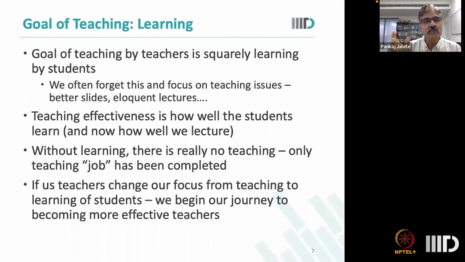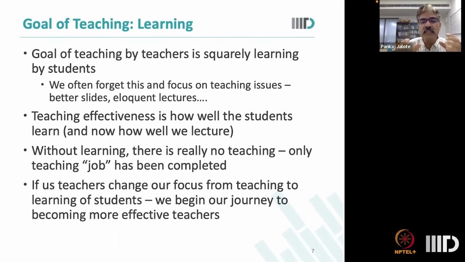In fact, in some studies, it has been shown that sometimes professors who are very eloquent lecturers, who can do a good show, students don't end up learning much, because they are mesmerized and they're just sort of listening, and they're not really learning much. So in any case, it's not about that style.